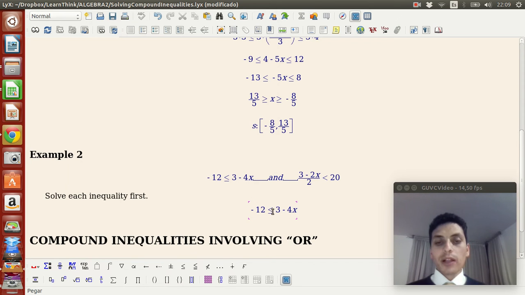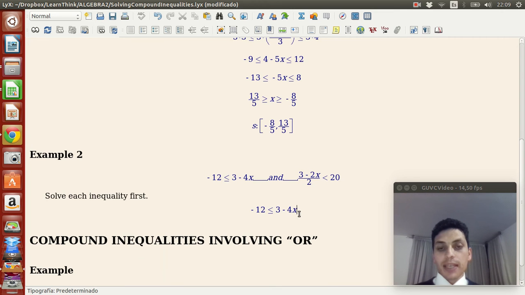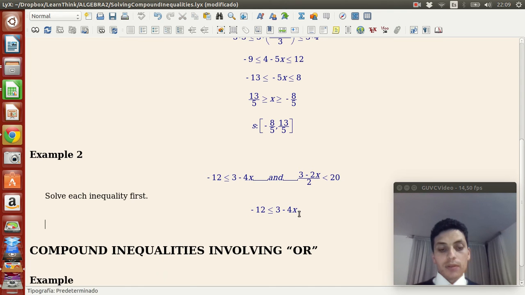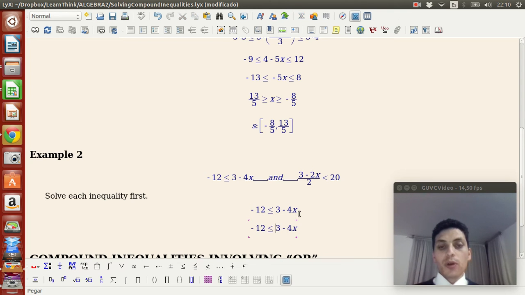So we have minus 12 less than or equal to 3 minus 4x. First step, we're going to subtract 3 from both sides. 3 minus 3 is 0. Minus 12 minus 3 is minus 15.